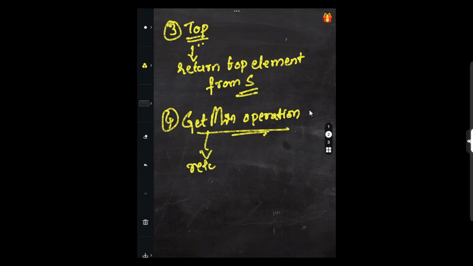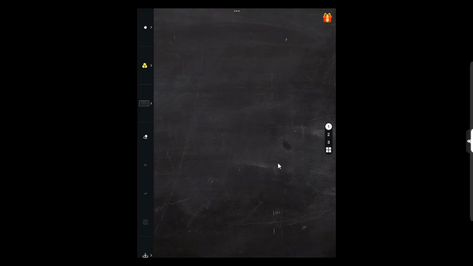We are just returning the top element of the minimum stack here. I hope this is clear, right? So this is the approach that we'll be going with. Let's discuss the edge cases one by one and then let's write the code.